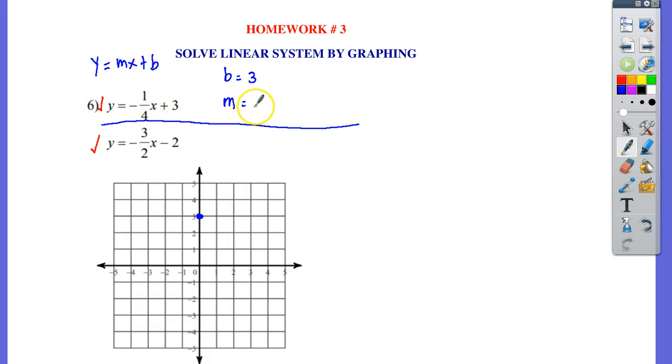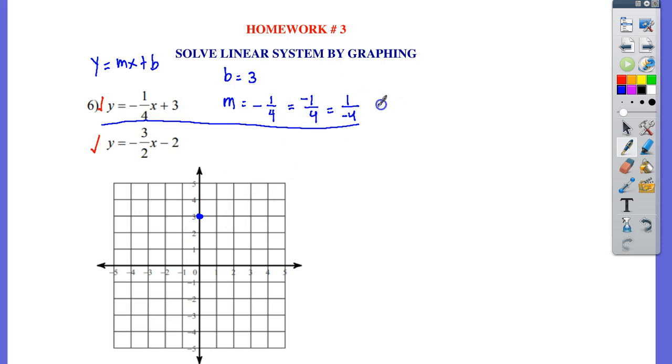Oh, this one again, we have a negative right in the middle. Remember, we talked about this earlier. If we have one negative in front of a fraction, that negative can go on top, negative 1 over 4, or it can go on the bottom. It doesn't matter as long as you only have one negative. So let's say I want to do this.